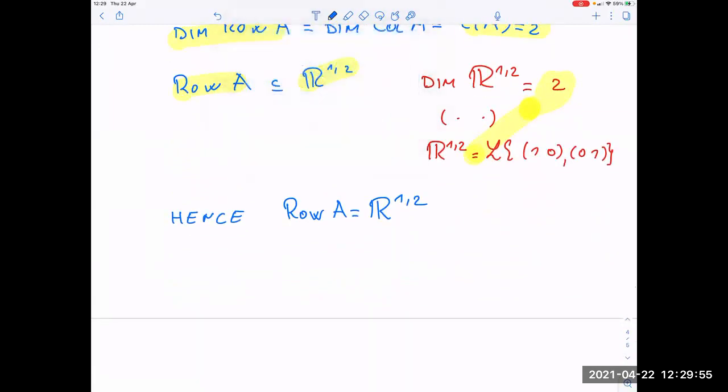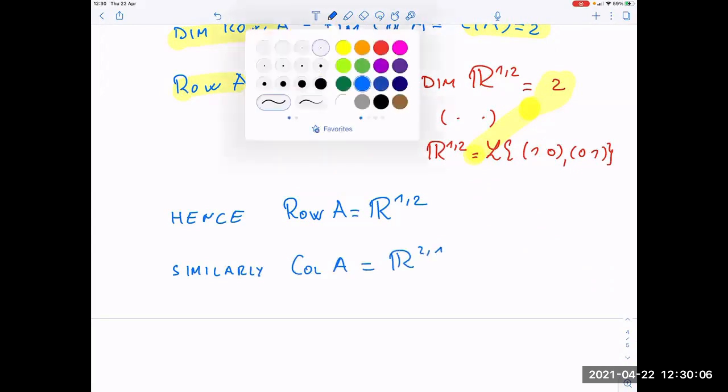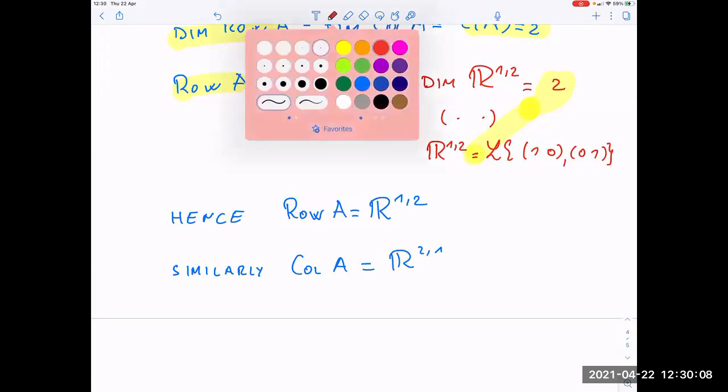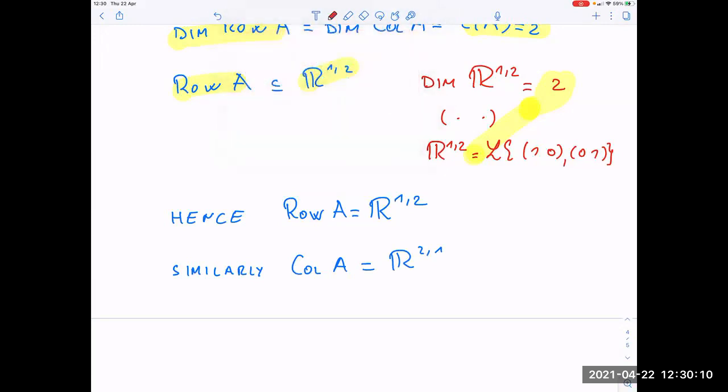Similarly, the column space of A is R2,1 because the dimension of the column space is 2 and R2,1 has dimension 2.